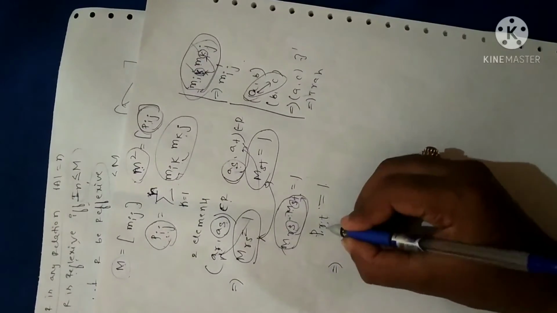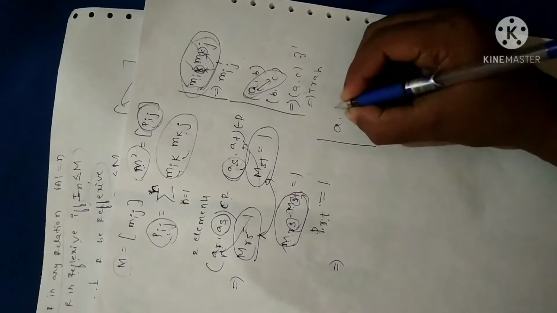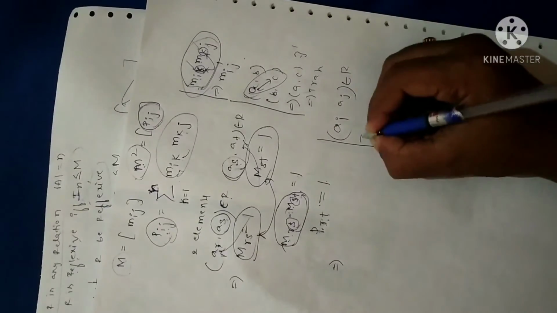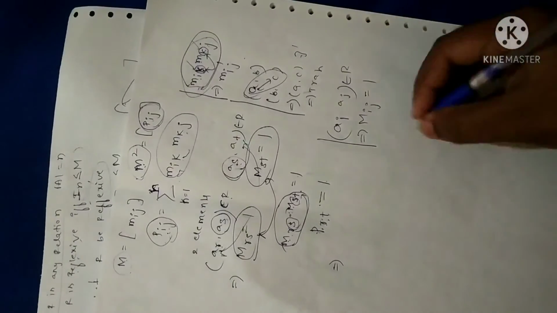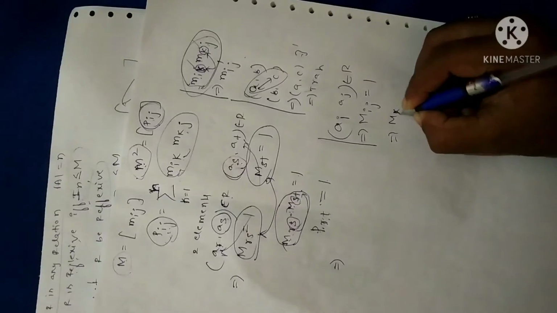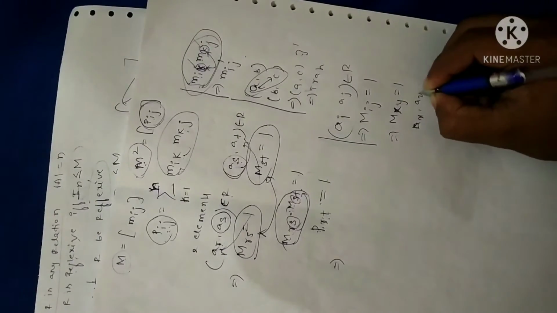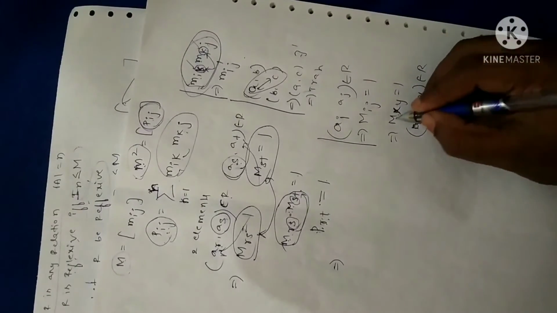I'll give you a simple hint. Suppose I can write (a_i, a_j) belongs to R; clearly I can write that the matrix of the relation m_ij is equal to 1. And vice versa. Suppose I have m_xy equal to 1, I can write that (a_x, a_y) will be in the relation R, where a_x and a_y are elements of the set.